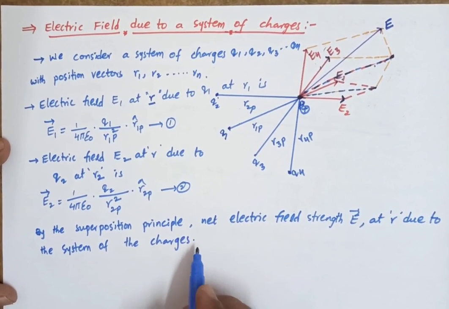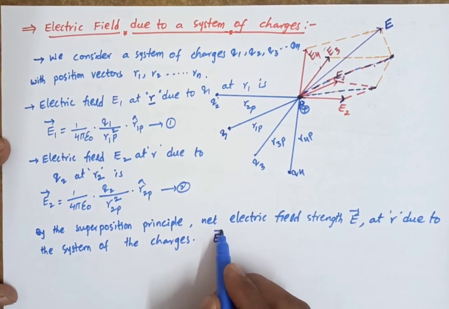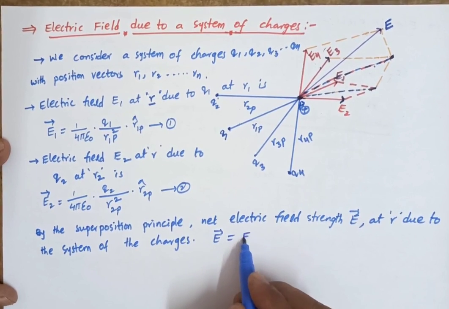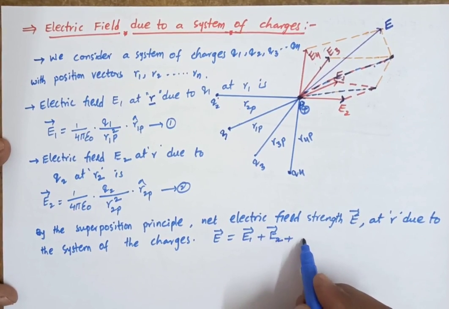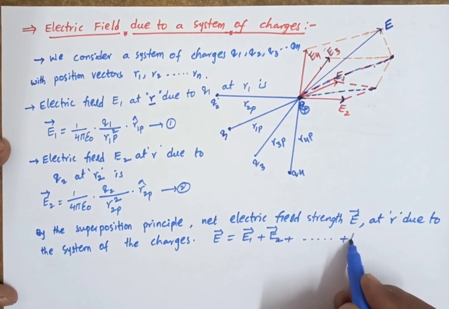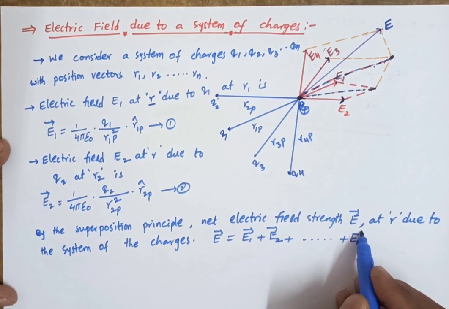So it is written as E bar equals E1 bar plus E2 bar plus so on plus En bar.